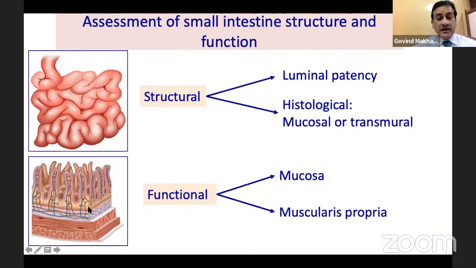The rest 2 layers are supportive in nature. Very important, very essential, but supportive. But these are the functional units of the GI tract. Therefore, the biopsy of this mucosa is extremely important to tell us the cause of chronic diarrhea.